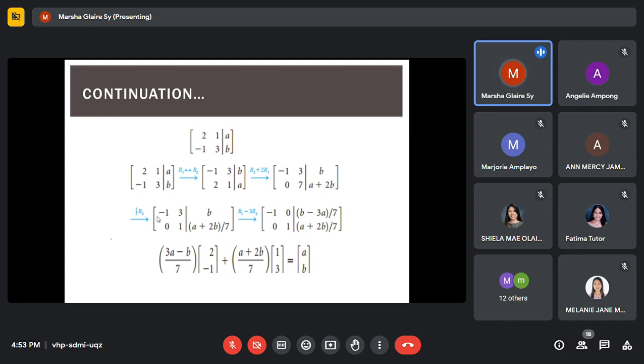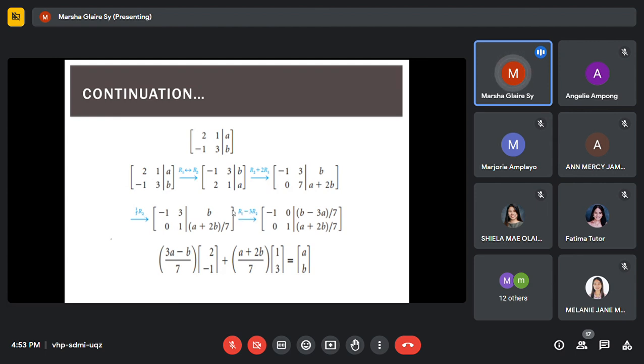At this point, is it clear that the system has a unique solution? Why? If we continue, we obtain this one. So we have here 1/7 row 2. This is the result, which is [-1 3 | b; 0 1 | (a + 2b)/7]. So the operation used here is 1/7 row 2.